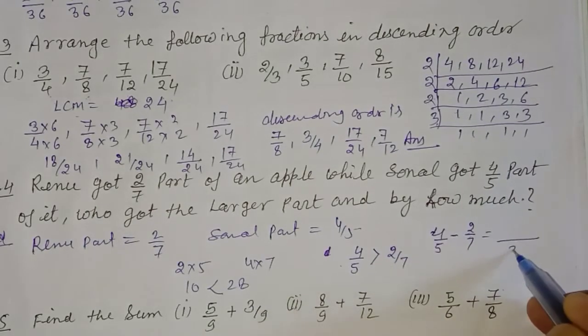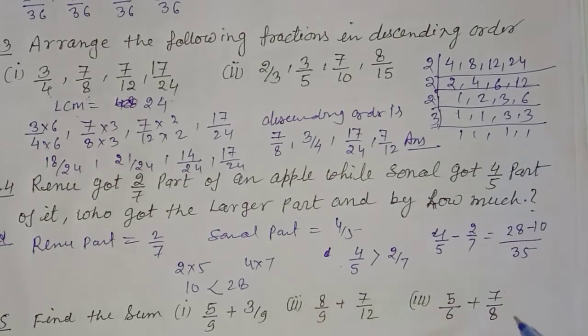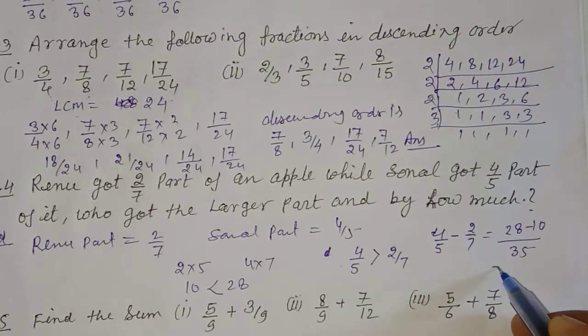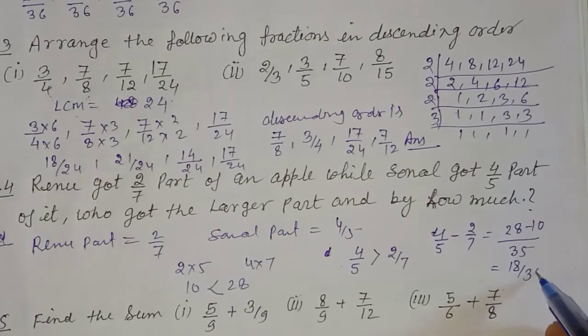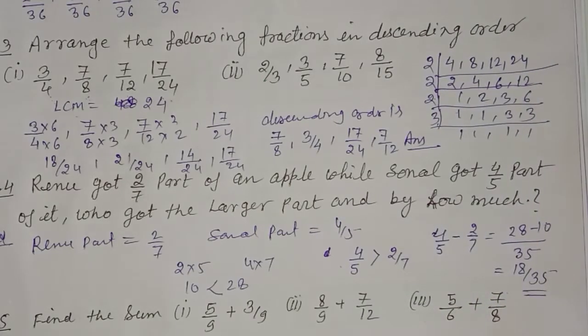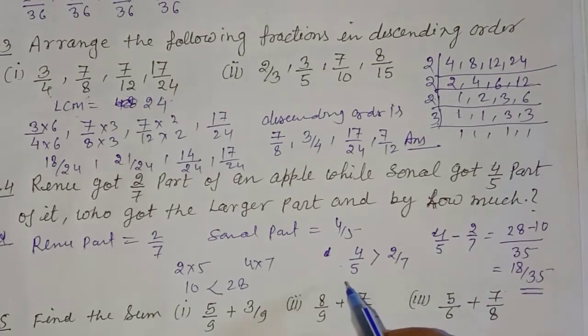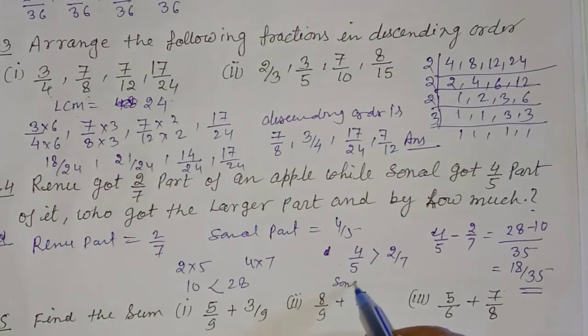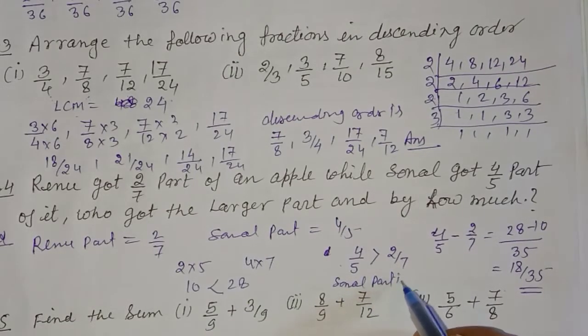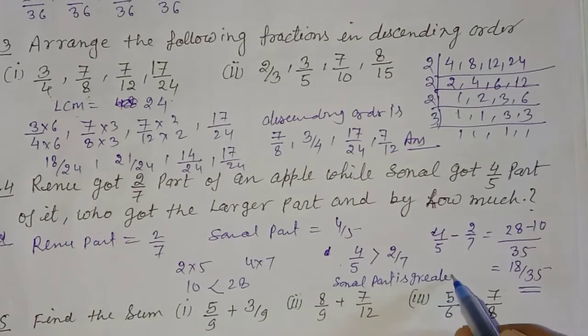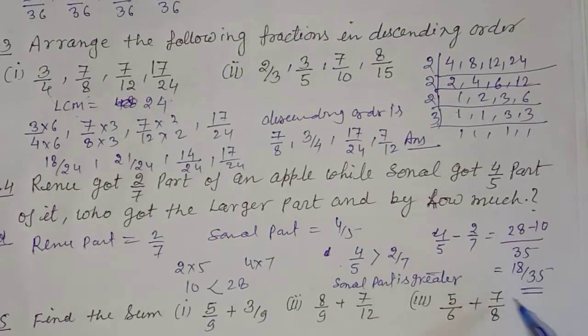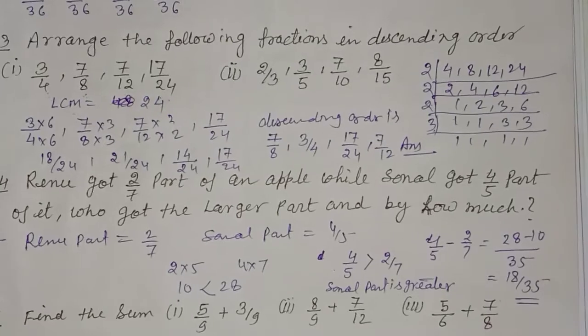Now students, LCM is 35. So 28 minus 10, so 18/35. So students, Sonal's part is greater, and by how much? 18/35.